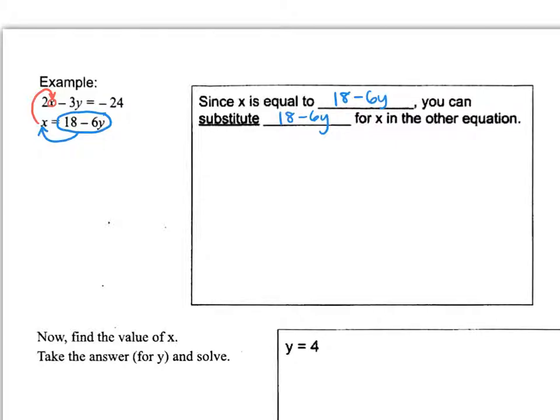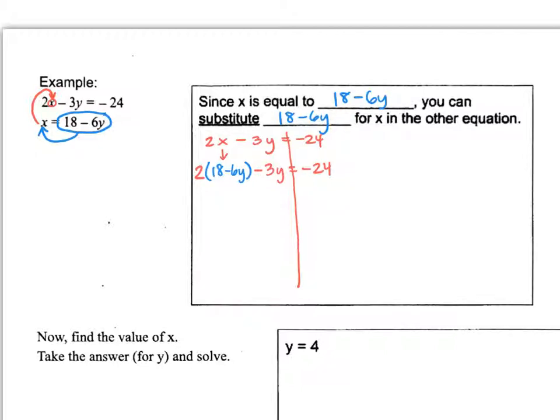So let me rewrite that equation. It's 2x minus 3y equals negative 24. And remember, I'm going to change the x. It becomes 2 times this thing, 18 minus 6y. And then I copy the rest. Minus 3y equals negative 24. Here's my fence. So the 2 times x, or the 2x, becomes 2 times that thing in blue, right?